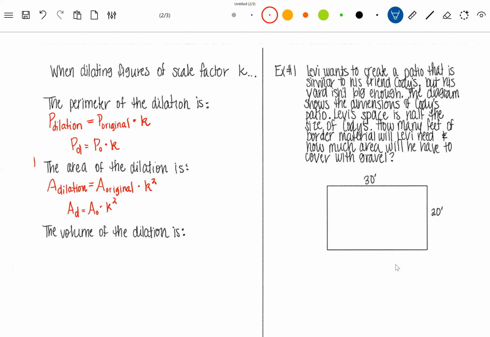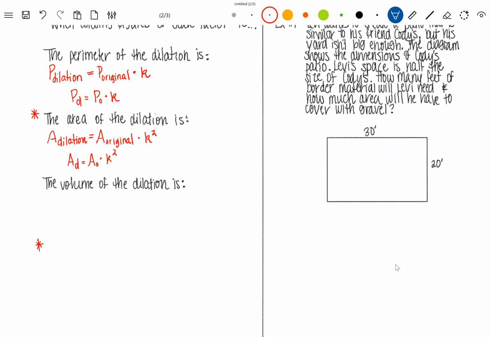Now I'm going to put an asterisk up here, because this also works with surface area, not just area of a square. So this works with three-dimensional areas also. And then volume, I'm going to scoot this down.